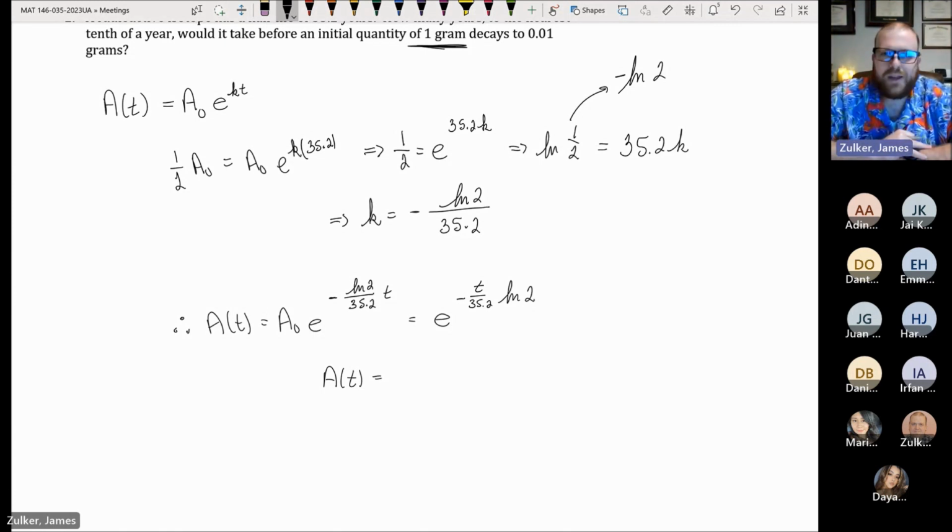Oh, but using laws of logarithms and the fact that the exponential function and the logarithmic function are inverses, we can write this model as A of t is equal to 2 to the negative t over 35.2.